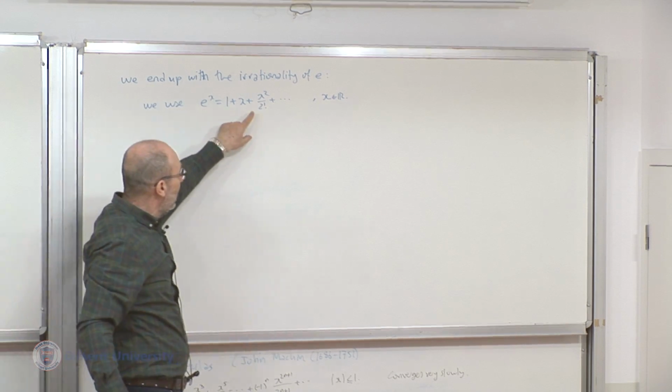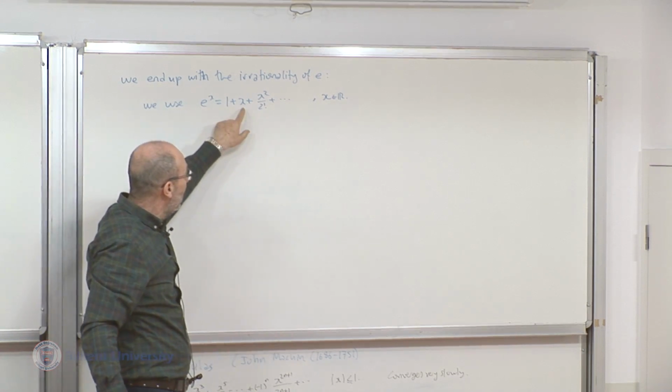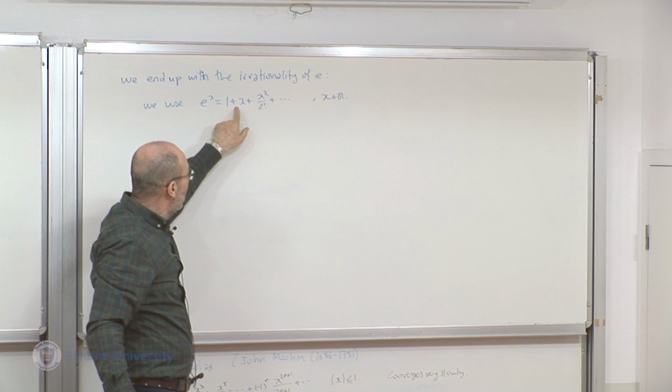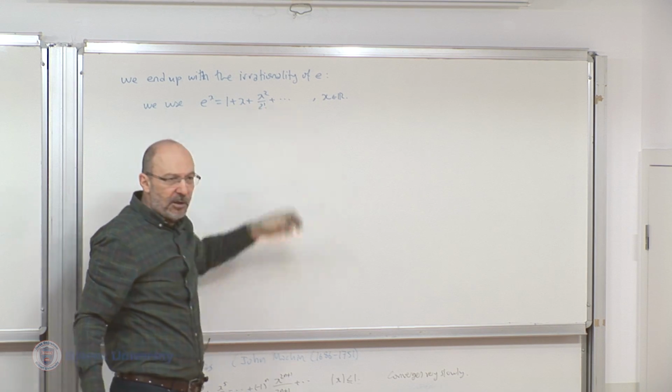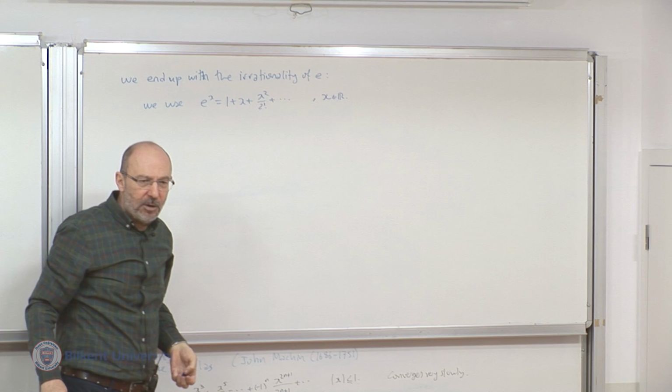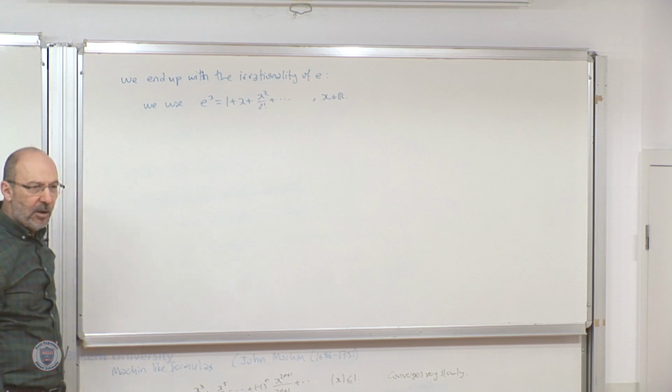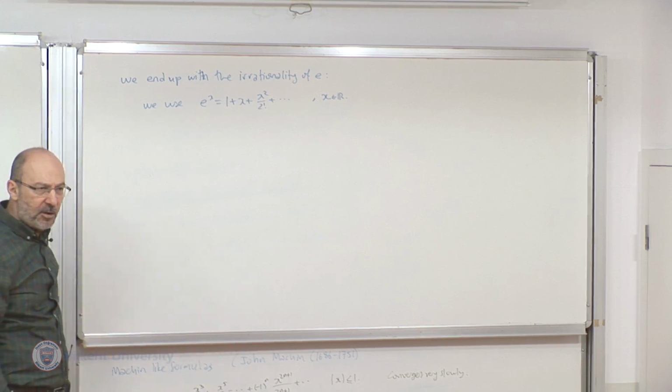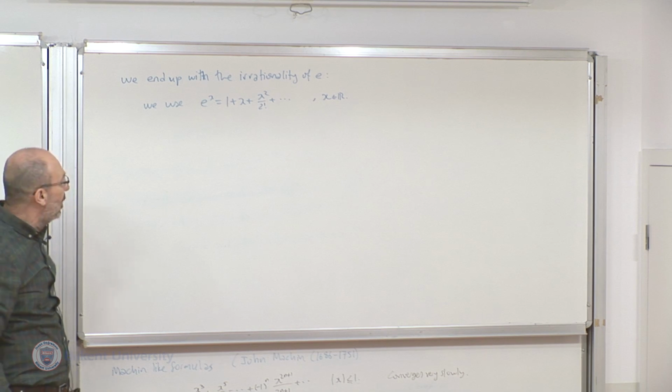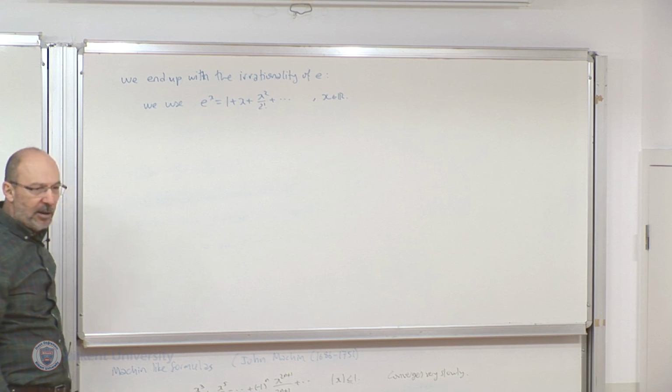This is not very useful in calculating e because I have to add these things. The only thing I can use is either Taylor's remainder formula or Lagrange's remainder formula integral, and it requires a lot of calculation. But if I have e to the minus x, then it will be an alternating series.